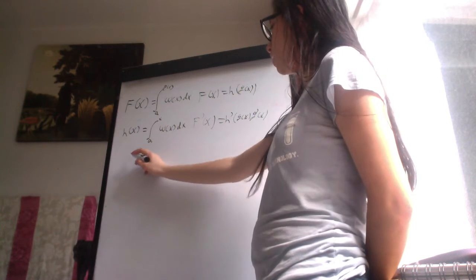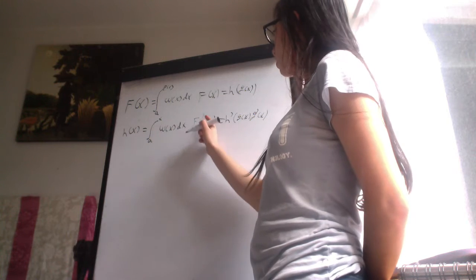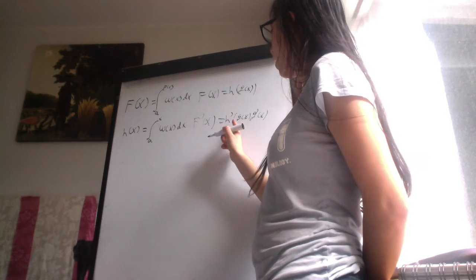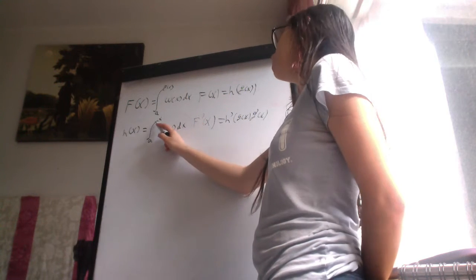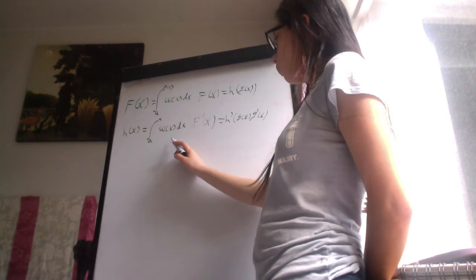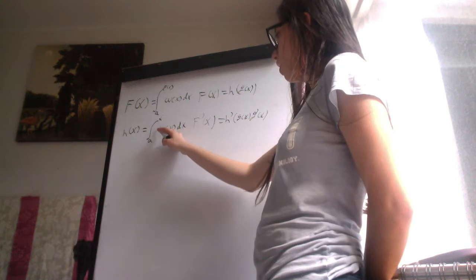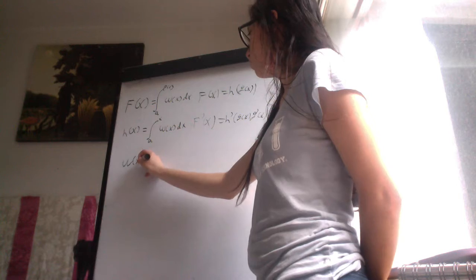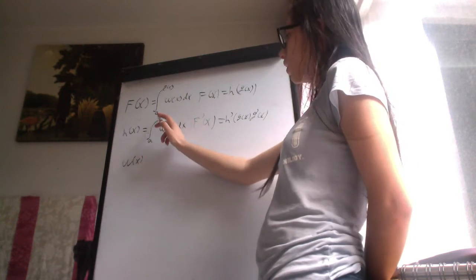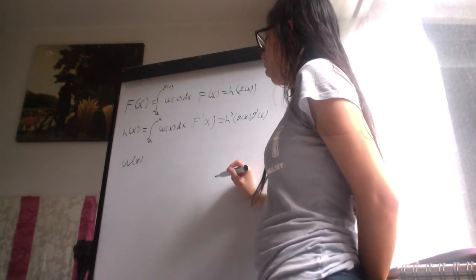Here, h prime is the derivative of h of x. What's the derivative of an integral? It would be the function w of x evaluated at x. So it would be w of x.